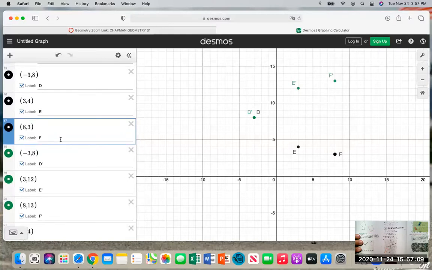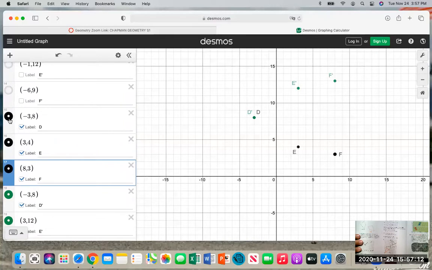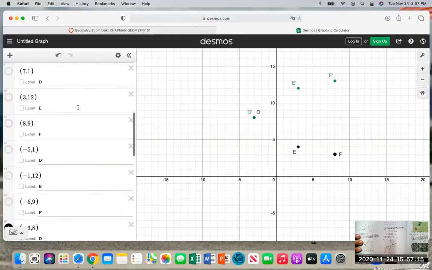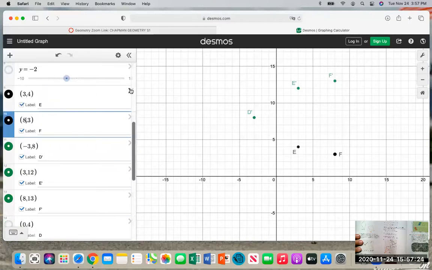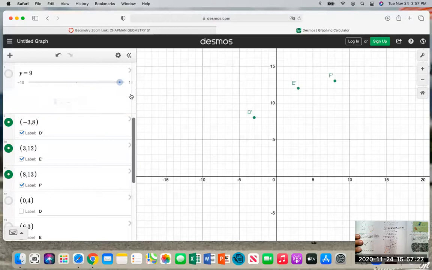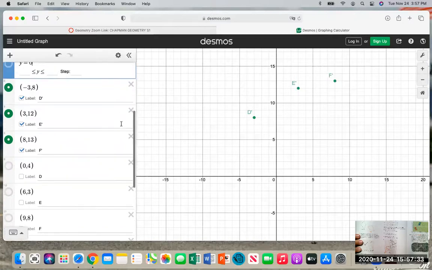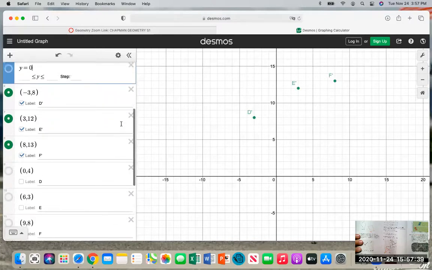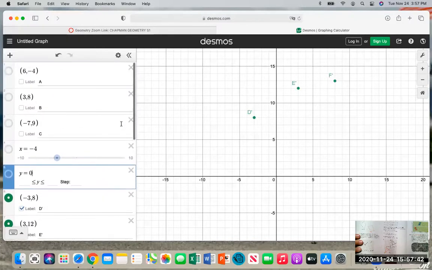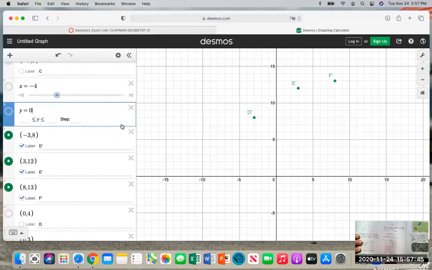D was 7, -2 for number 18. See, I just got too much garbage here. This is all old junk that I didn't need. So let's back up for a second. 7, -2. Let's get rid of all this garbage before 7, -2. Oh my gosh, did I totally just jack this thing up? Okay, I'm going to pause this for a second and get this fixed.